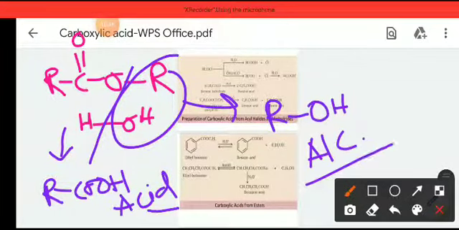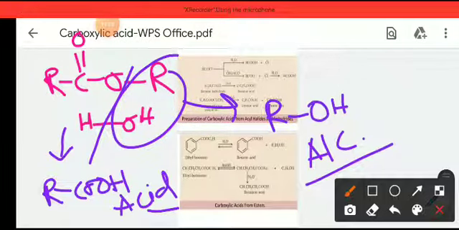So that is the decomposition of ester by water in acid medium or base medium. Remember, the hydrolysis can occur in two ways, in acid medium or in basic medium.